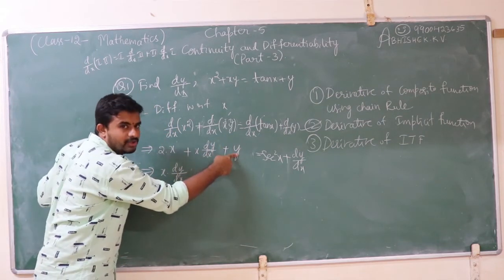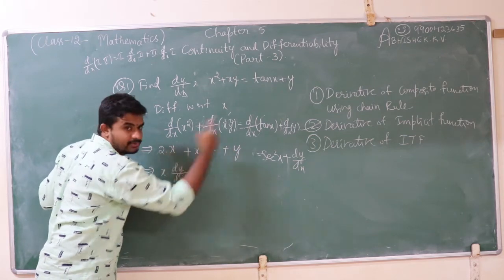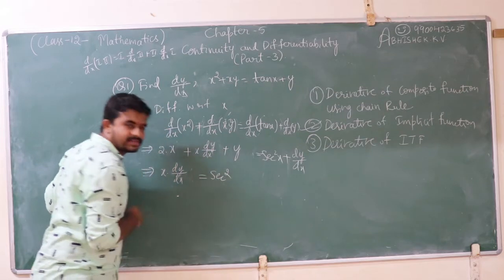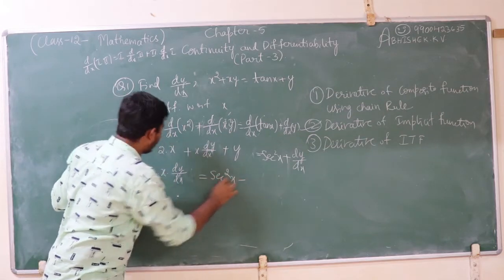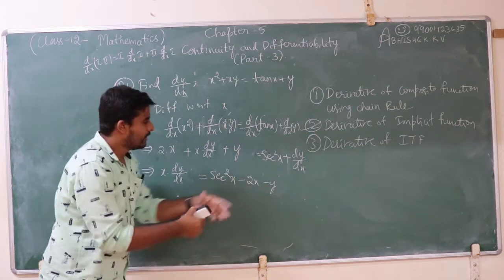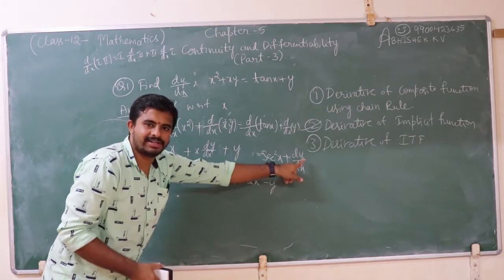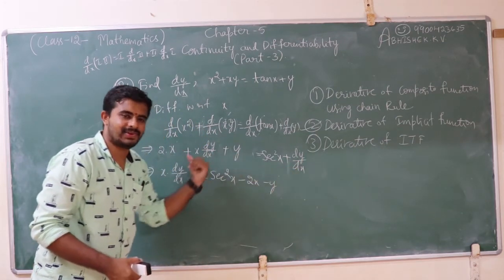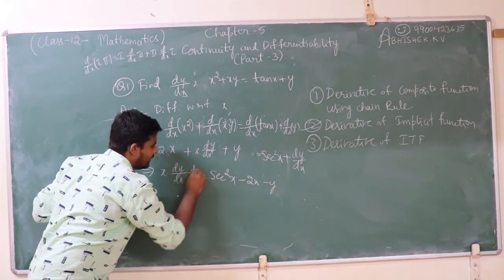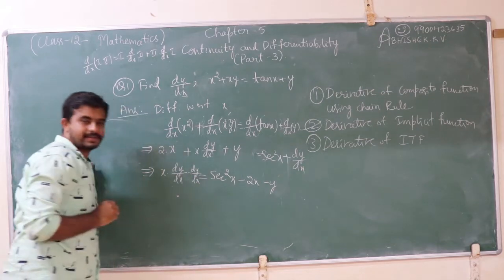Here also we don't have dy by dx, so transfer these two to RHS. Secant square x minus 2x minus y. But here I have dy by dx, so transfer this from RHS to LHS. Then plus becomes minus dy by dx.